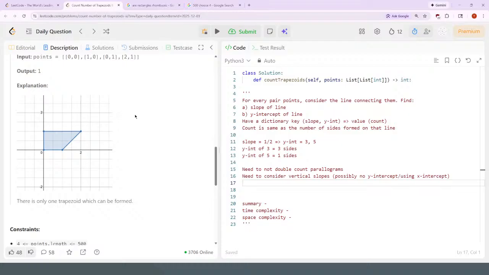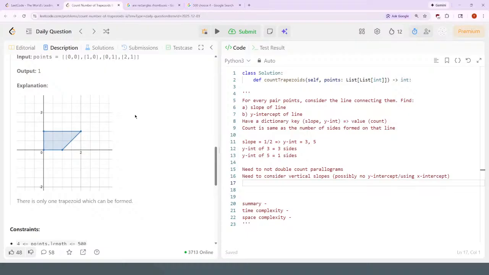So when I register the slope of 2 points, if that registry is the first one, then I need to figure out the y-intercept of that line from those points, or the x-intercept if the slope is undefined, if the line's vertical.